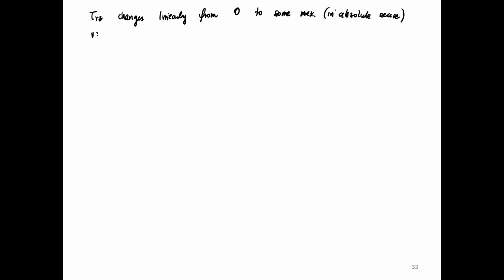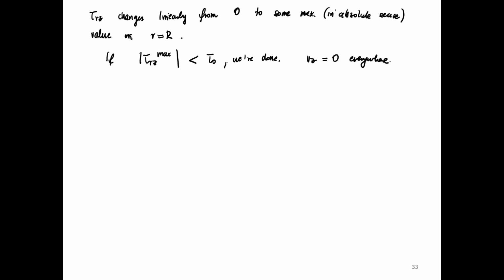In absolute sense, the value at r equal to R. If that maximum is less than tau 0, I'm done. I have nothing to solve for, nothing's flowing. Okay? So if that tau RZ max is less than tau 0, we're done. Vz is equal to 0 everywhere. No flow.